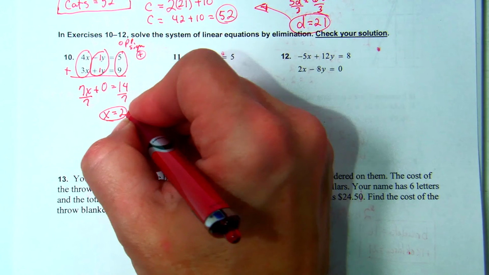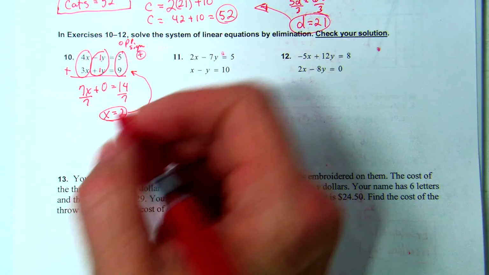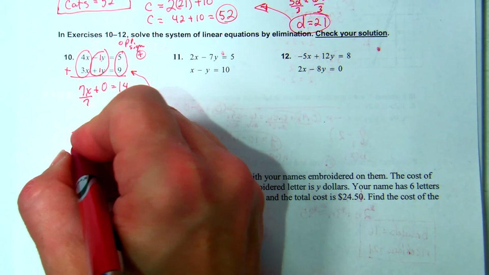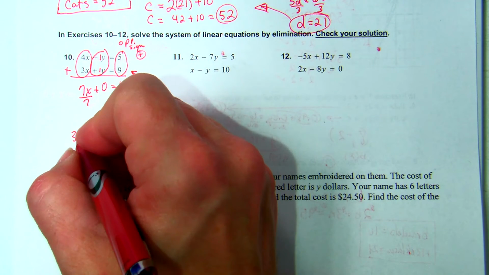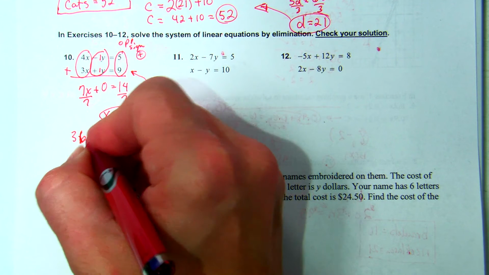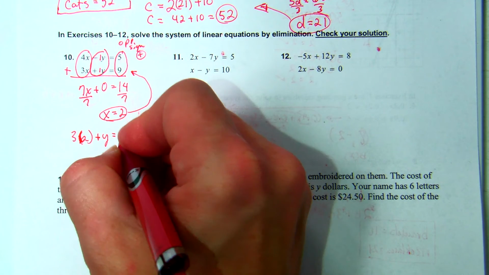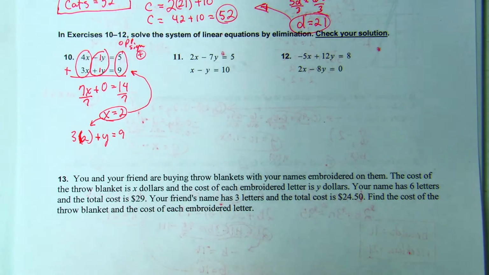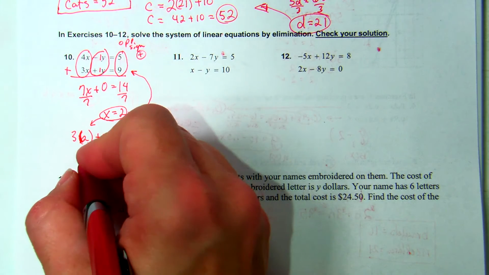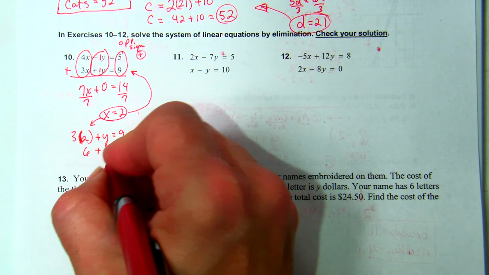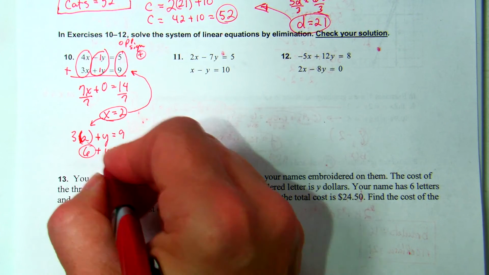And then I'm going to take this value 2 and plug it back into the bottom equation here. 3x, well, x is actually 2, so let me rewrite that. 3 times 2 plus y equals 9. So I've plugged that in place of x. 3 times 2 is going to be 6 plus y equals 9.